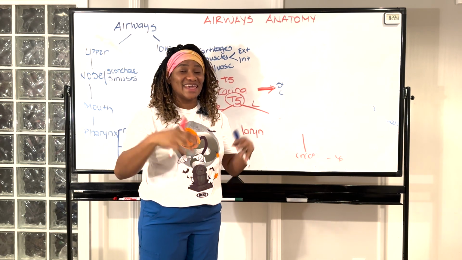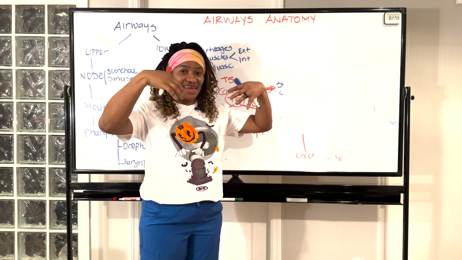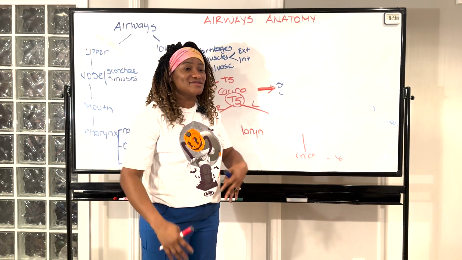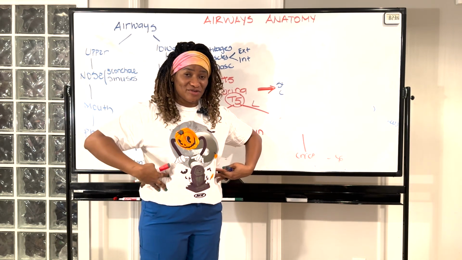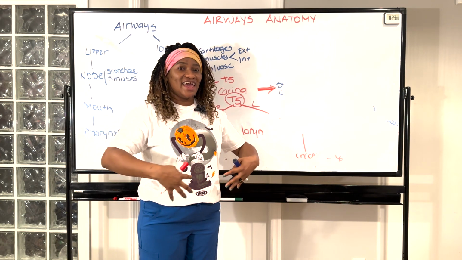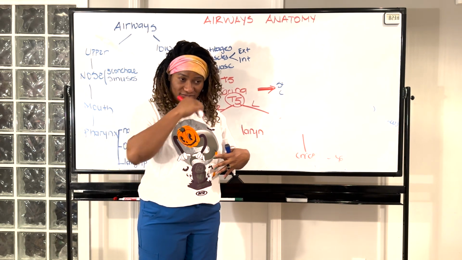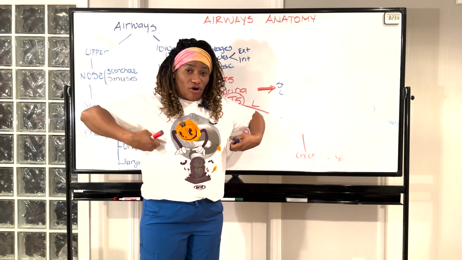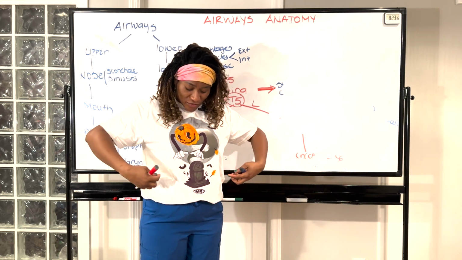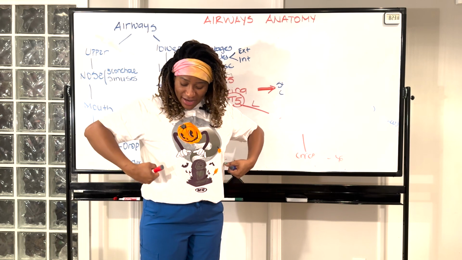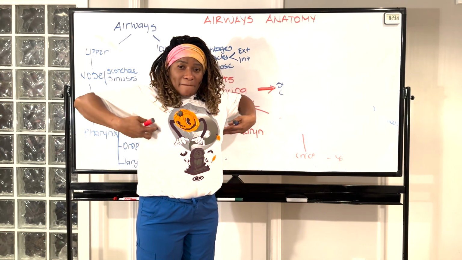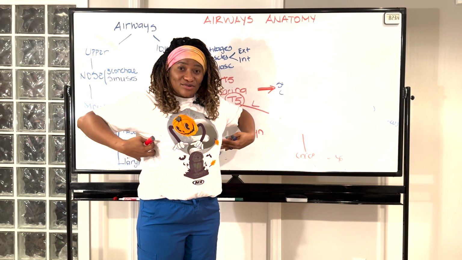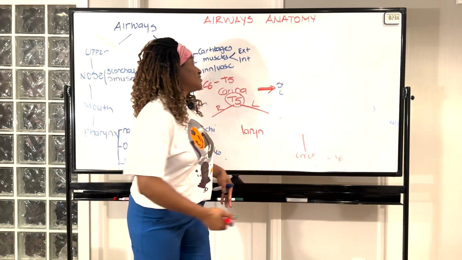So during inspiration, when you get the air in, your diaphragm is going to go down so that it makes more room for your cage, and your external costal muscles are going to lift up to make more room. You can look at me, when I lift up, I make more room, and this is what your external costal muscles are going to be doing.